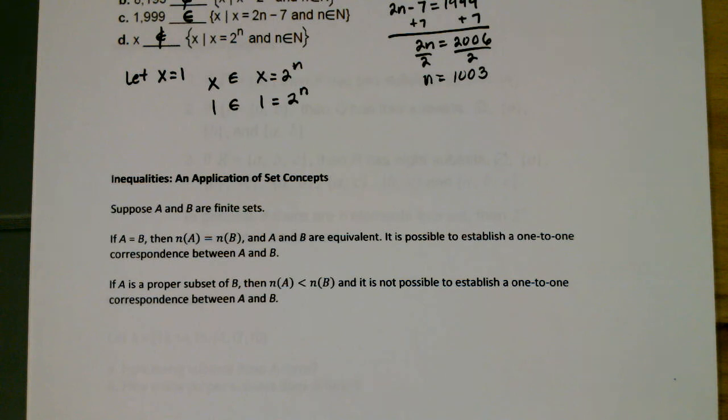That means it is possible to establish a one-to-one correspondence between A and B. And if A is a proper subset of B, then the number of elements in A must be less than the number of elements in B, and it is not possible to establish a one-to-one correspondence between A and B.